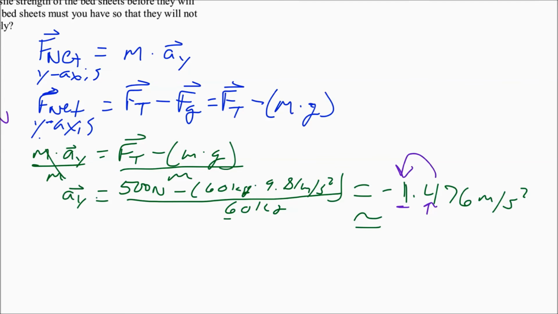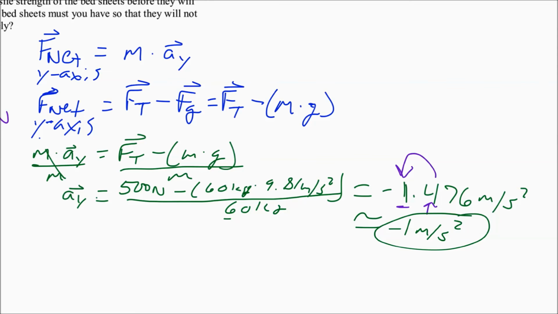It does not, so that means that the answer is -1 meters per second squared. Alright, so you would need to move down the bed sheets at 1 meter per second squared towards the ground, and that would keep them from ripping and you'd be safe.